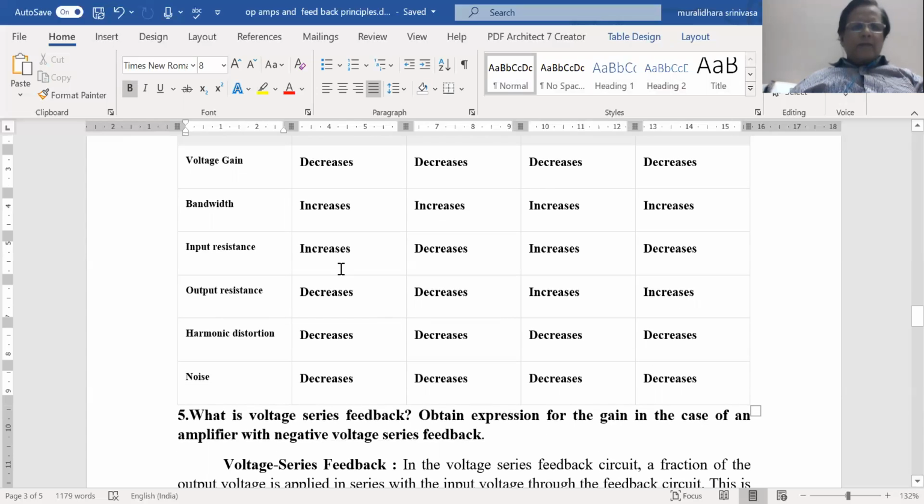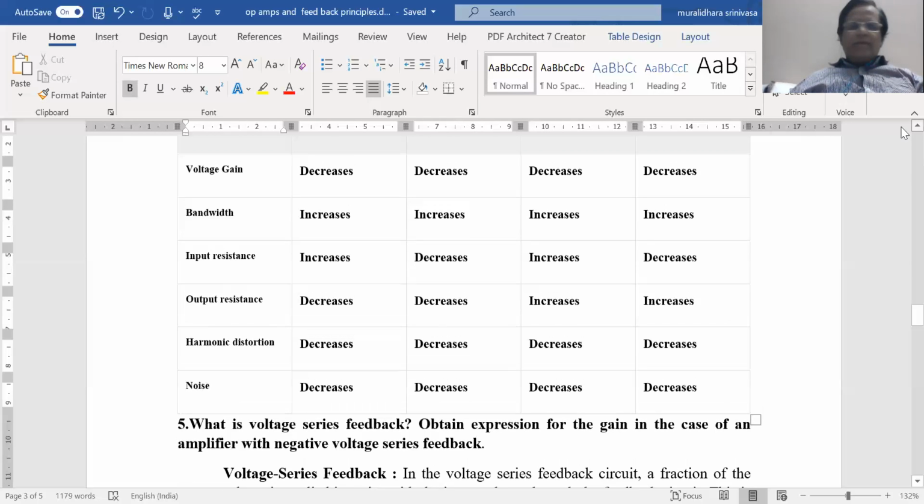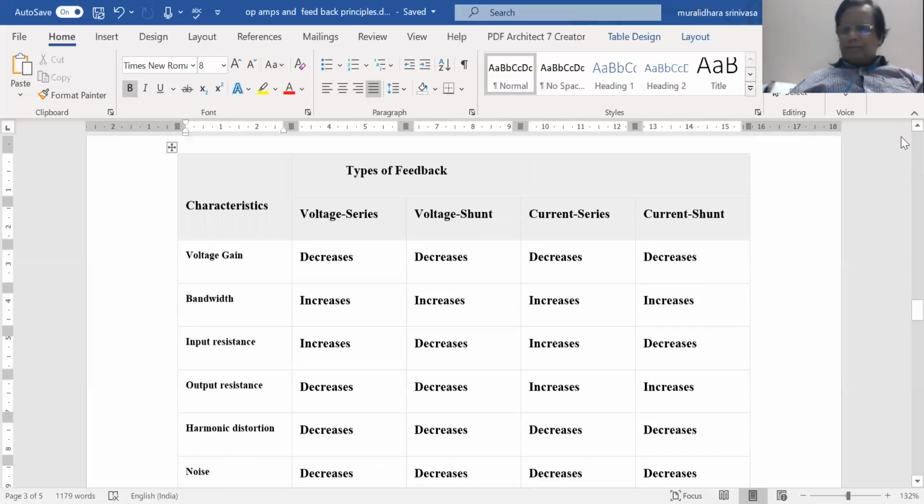All these issues are not discussed with respect to all amplifiers. Only input and output impedance we will discuss in detail for one of the configurations. Bandwidth increases, input impedance increases, output impedance decreases, harmonic distortion decreases, noise reduces. This is usually the feedback employed in the amplifiers that you have studied.